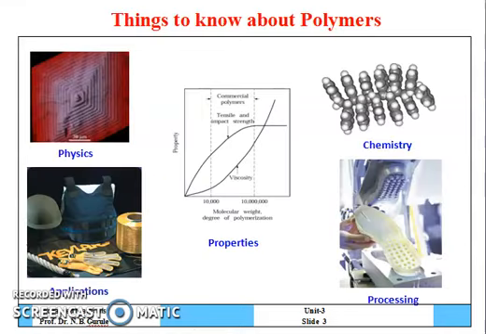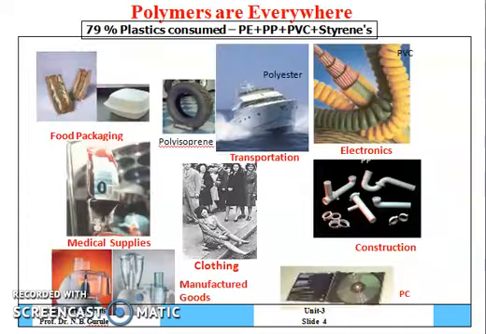What things do you know about these polymers? Now, being a student of engineering, you must know about the physics of plastics, chemistry of plastics, properties of different plastics, their processing, and the applications of various plastics. So now, where will we find these plastics?